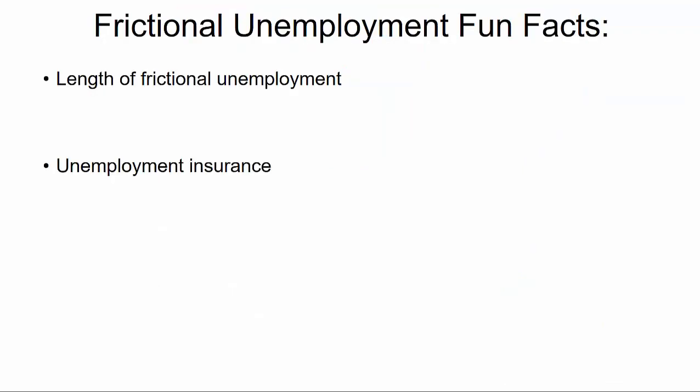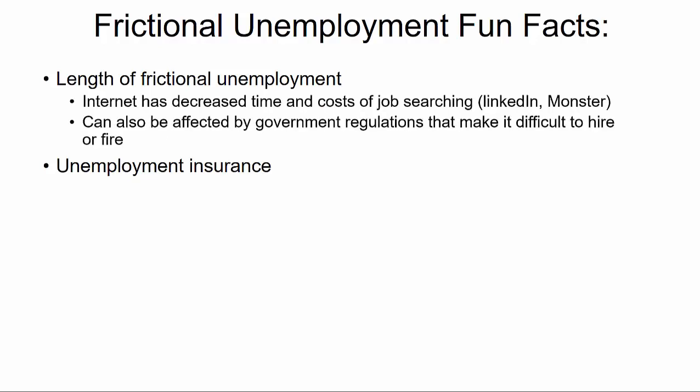Now, let's talk about a little bit of details about frictional unemployment. Number one, typically it's not unemployment that lasts very long. And the length of frictional unemployment has actually decreased over time because of the new technologies in matching jobs with job seekers. Another thing is that sometimes government regulations can impact this.